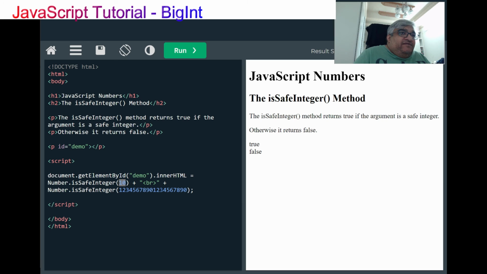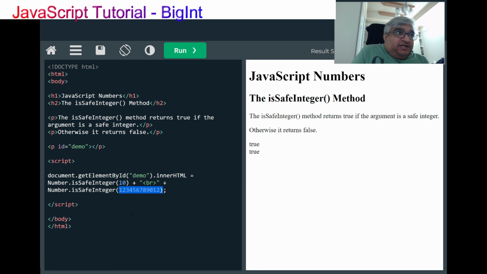And then we give a very big number, and it says false. If we remove something, it's still not good. If we remove something more, now it's true, because it was more than 15 digits, and when I removed some digits from the end, now it says it's a safe integer.